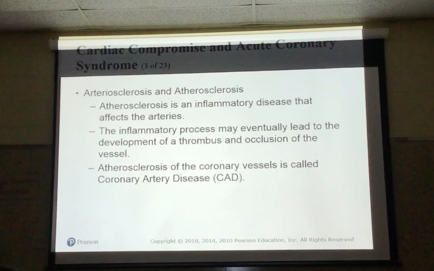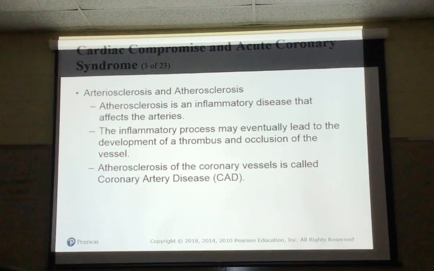Does anybody know what ischemia means? Starved of oxygen. Okay, that's what we call it when it's in the heart, ischemia.